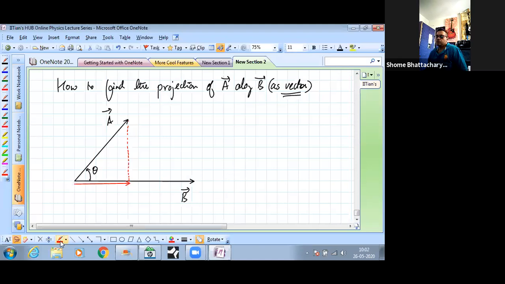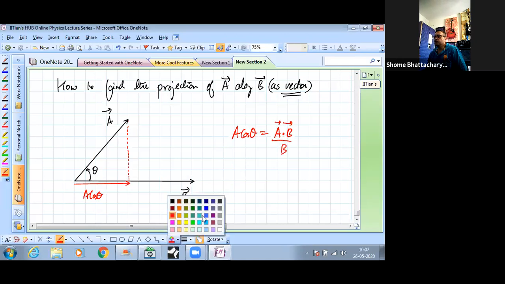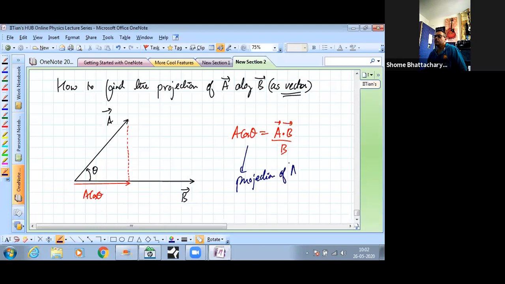When I express this as a scalar quantity or just as a magnitude, you've seen that E cos theta is equal to E dot B divided by mod B. So this is the projection of E along B, but just as a magnitude.